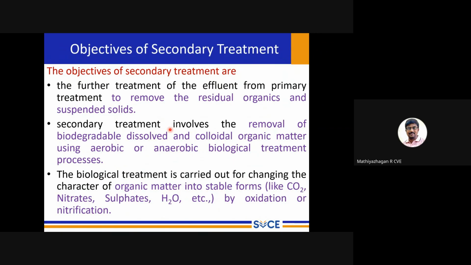The main treatment during the secondary treatment is biological.